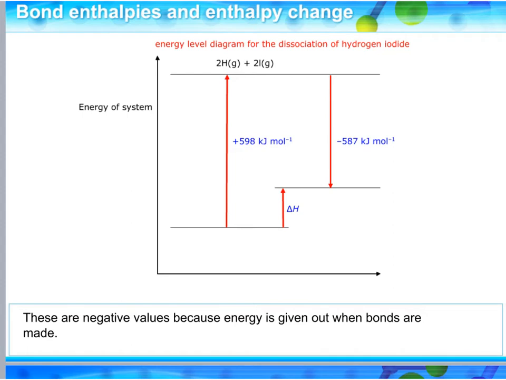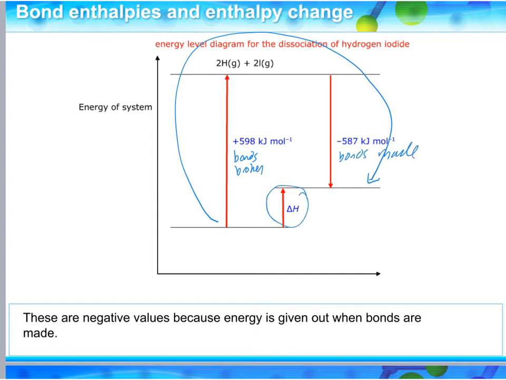So again, using Hess's law, these 2 enthalpy changes are going in the same direction. So this is the sum of the bonds broken, and this is bonds made. And there's our enthalpy change here. So these are going in a clockwise direction, and this is going off in an anti-clockwise direction.